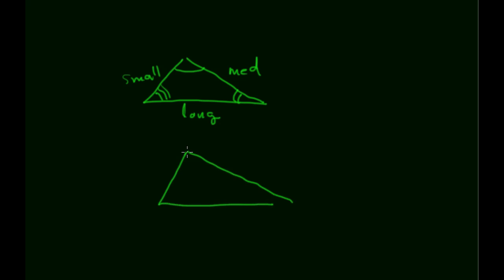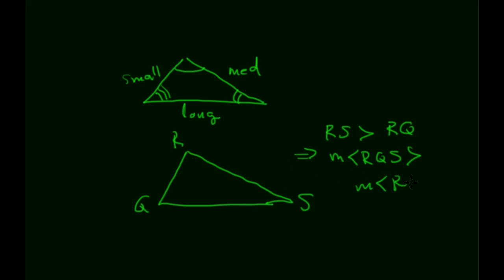The first way that the theorem goes is, if I call this R, Q, and S, and I say that RS is bigger than RQ, then the theorem follows that the measure of angle RQS, the angle across from RS, has to be bigger than the measure of angle RSQ, which is the angle across from RQ. So if I have a big side, the big angle must be across from it, and if I have a small side, the small angle must be across from that.